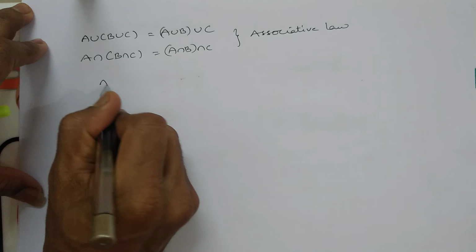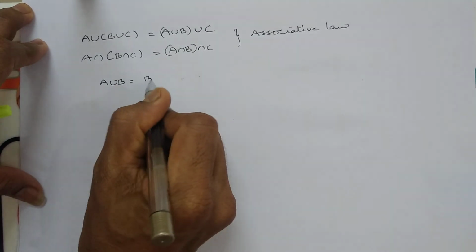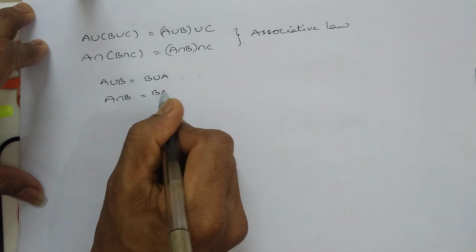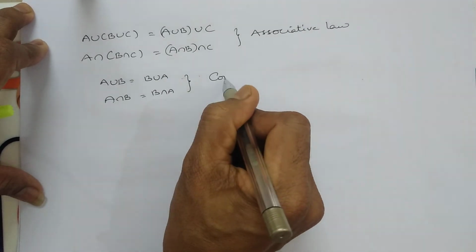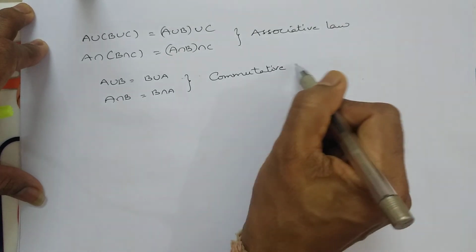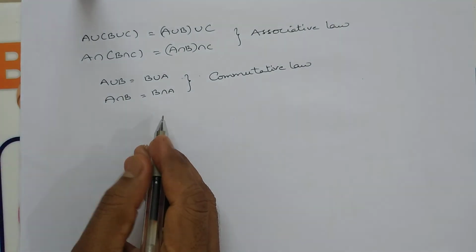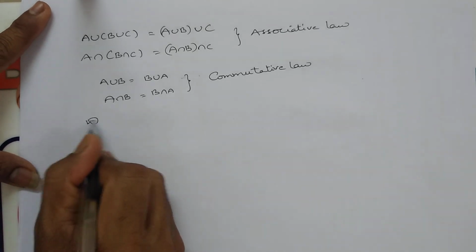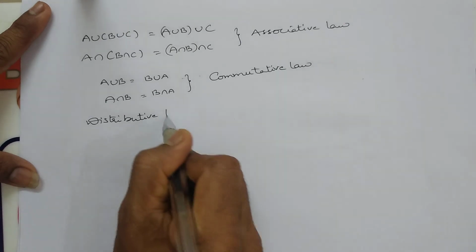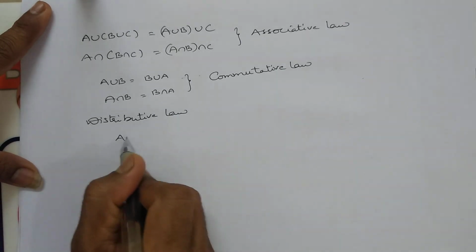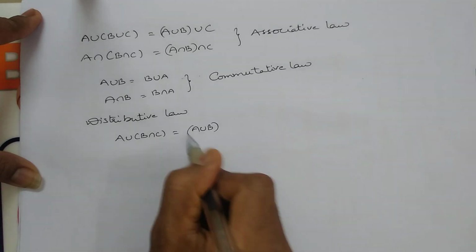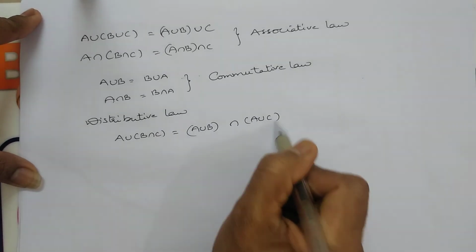Now next one. A union B is equal to B union A, or A intersection B is equal to B intersection A. Commutative law. Next, distributive law. A union (B intersection C) is equal to (A union B) intersection (A union C).